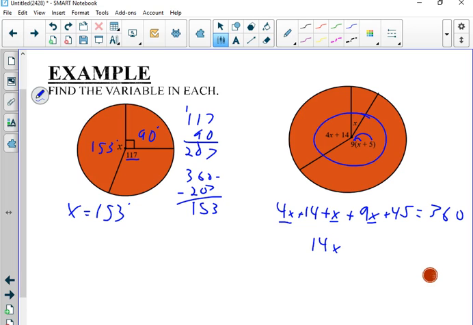If we can combine our numbers, 14 plus 45 is 59. We're going to subtract 59 from both sides, which gives us 301. Divide by 14, x is 21.5.